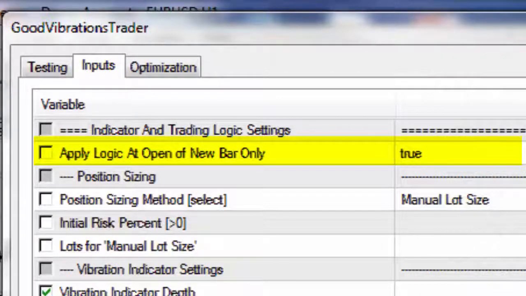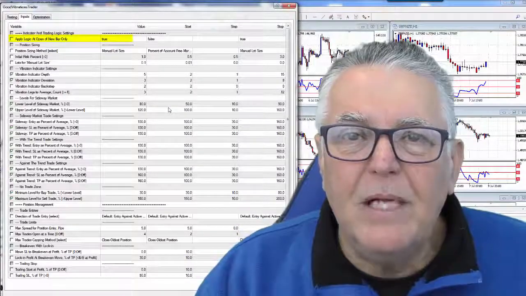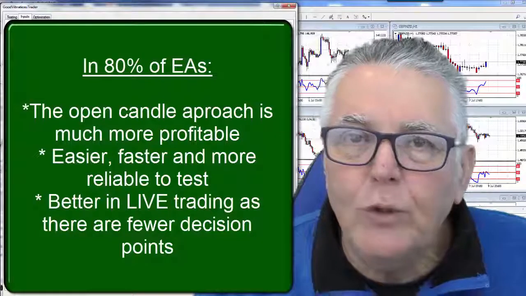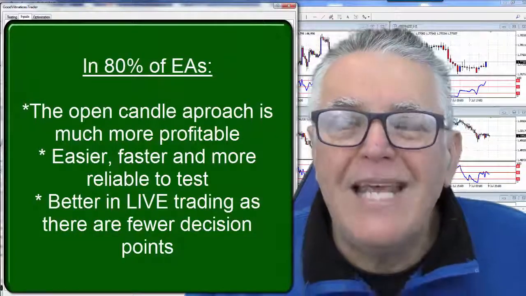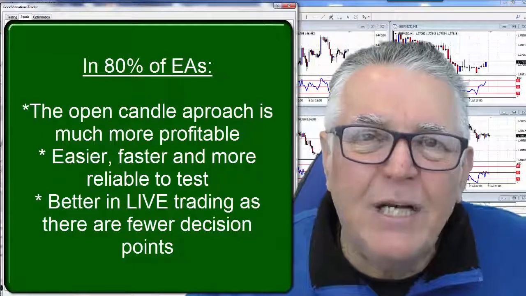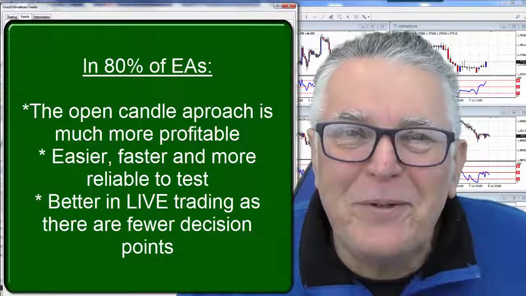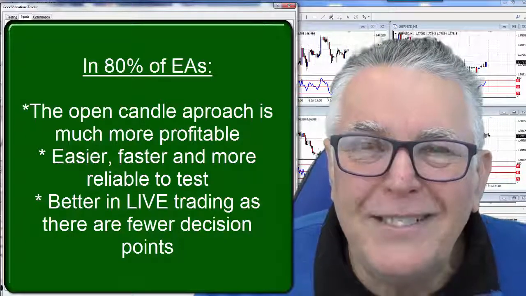Now, the beauty of that, and anybody who's done any EA testing knows, is that the close of candle testing of an EA goes most probably 20 or 30 times faster than using tick data. So firstly, your testing goes so much faster. Secondly, it is much more profitable. So why would you want to use tick data?